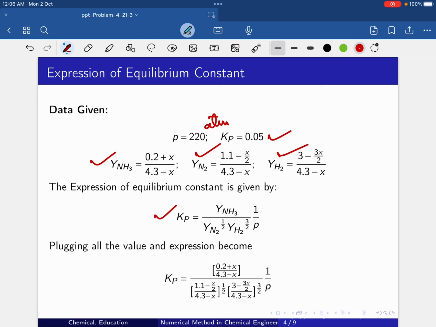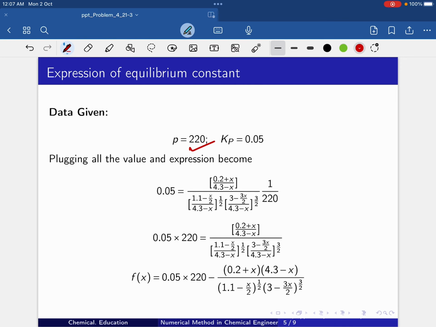So Kp is equal to the mole fraction of ammonia divided by the mole fraction of nitrogen to the power half, mole fraction of hydrogen to the power 3/2, into 1 by P. Now plugging in all these values, we plug in the mole fractions of ammonia, nitrogen and hydrogen, and Kp equals that total expression into 1 by P. We know the Kp value and P value, so if we plug in these values, 0.05 is equal to this whole expression times 1/220. Now if we simplify, we will get this equation.